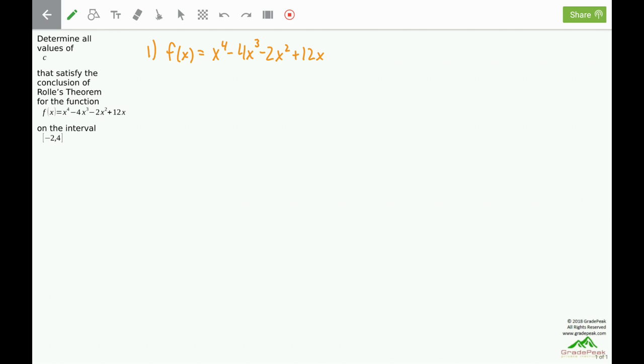Well, it is a polynomial, and a polynomial is continuous on any interval, so it will be continuous on the closed interval given. Closed means that it includes both endpoints, indicated by the square brackets on both endpoints. Condition 1 is met.